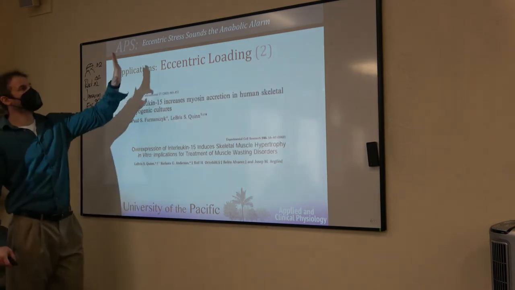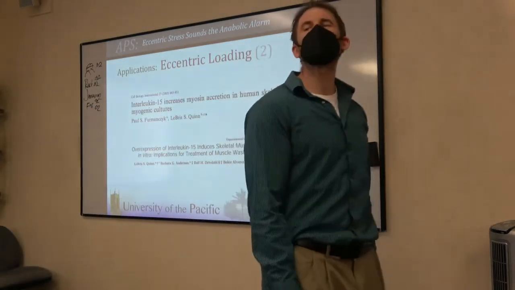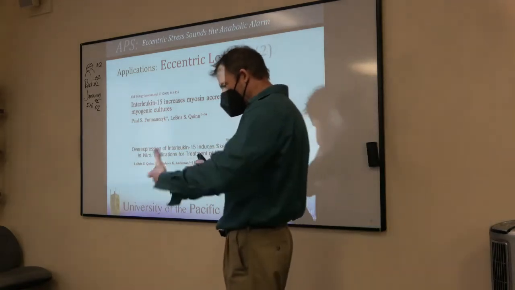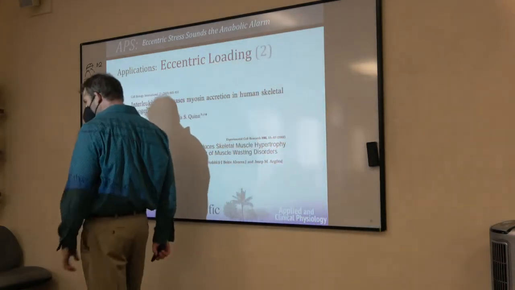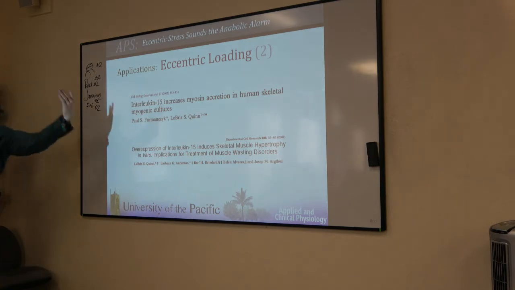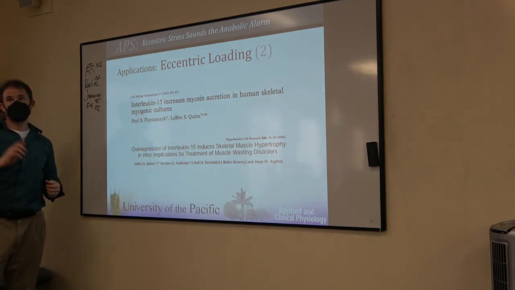Now, eccentric loading, number 2, the second benefit of this is that inflammatory profile. Remember the myokines. The myokines, these little proteins that are released from muscle in the presence of damage. There's also lipids. There's this big chemical environment that is created in the presence of eccentric loading.